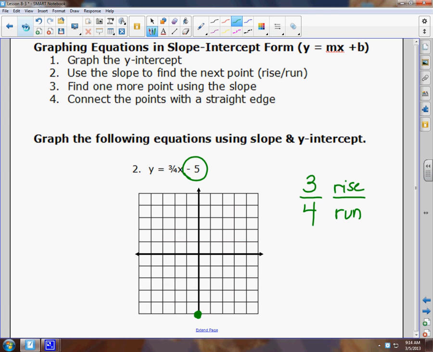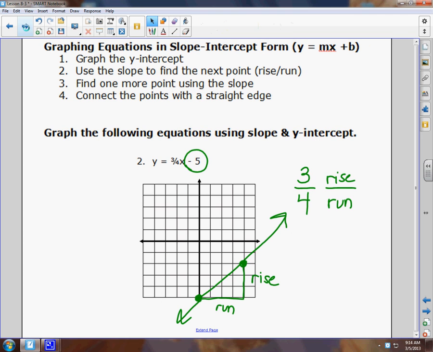I like to run first. I don't know why. 1, 2, 3, 4, and rise up 3. So this is rise, and this is run. And notice they're both positive, so that's why I went to the right and then I went up. So then you graph this, and I draw my line.